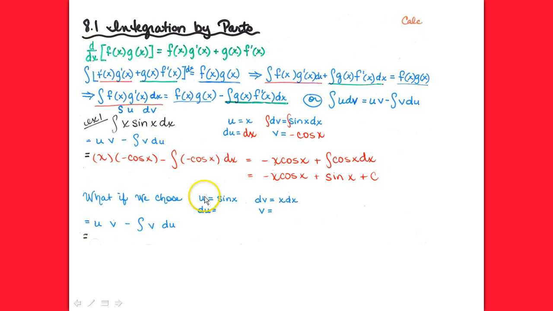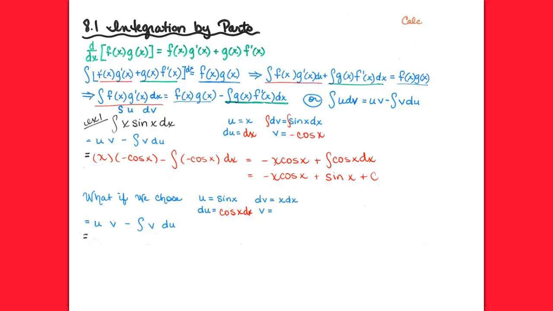All right, well, let's look at it. u is sine x and dv is x dx. Because it doesn't matter which order that I put it in. It may be that one is simpler than the other. So again, in order to complete my formula, I'm going to need du and I'm going to need v. So let's find du.